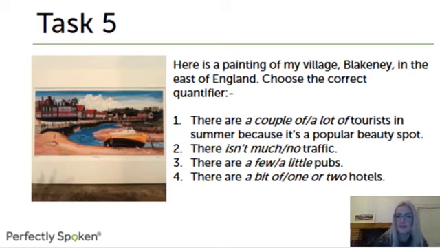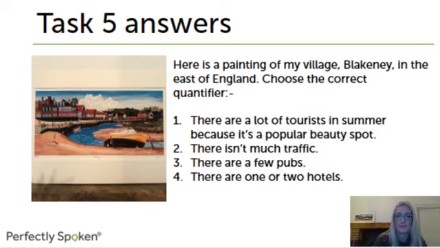Okay, here are the answers. There we go. There are a lot of tourists in summer. There isn't much traffic. When you use much here, you need a negative. So there isn't much traffic, or there is no traffic. You can't use not and no together.